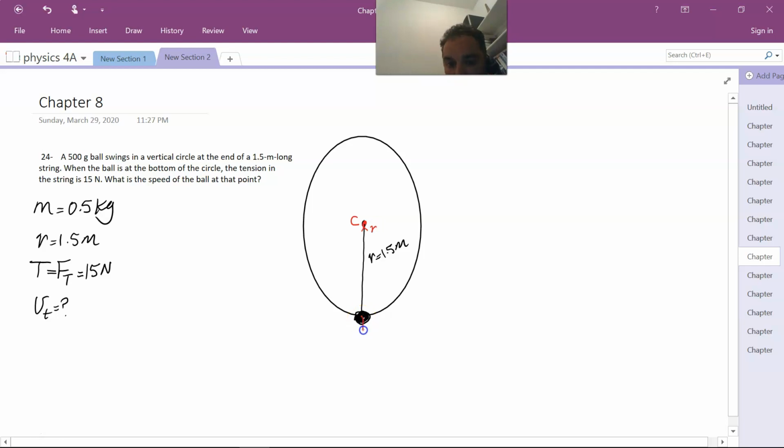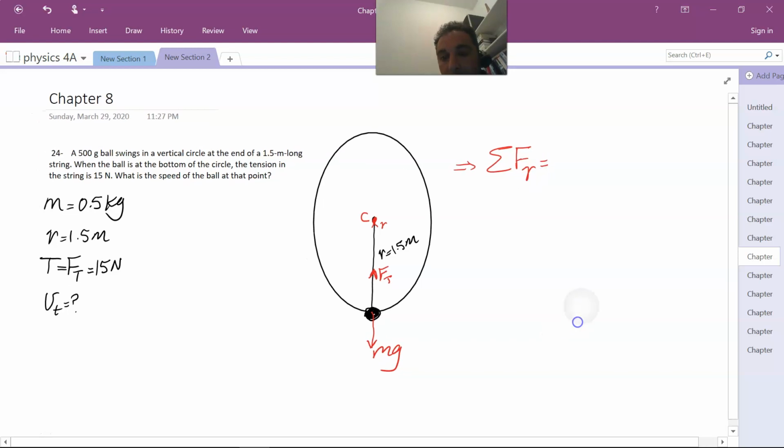Verify forces. Okay. What is this one? mg. There is no Fn because there's no surface. Then, what is this one? It's the tension force. It's toward the center, because it's toward the hanging point. It's like the bucket problem, 2 questions before this that I did. What is speed? Very quickly, you can apply sigma F on R is equal to what?